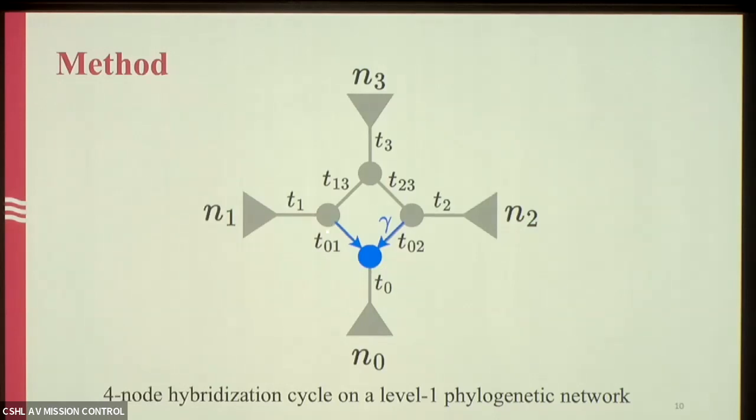The blue edges here are the hybridization edges, and the blue node is a hybridization node. e represents the branch length of the network, and gamma is the inheritance probability, so it represents the proportion of genes that is inherited. 0, 1, 2, and 3 represent the clades in the network. We call this type of network a diamond structure.